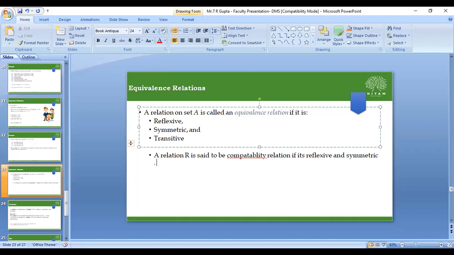If the first 2 properties, reflexive and symmetric, are satisfied, that type of relation we call a compatibility relation.